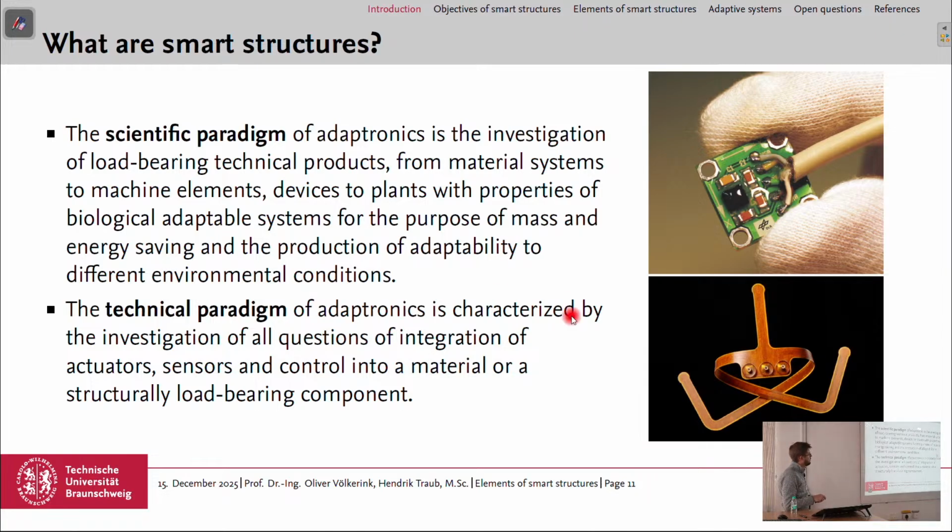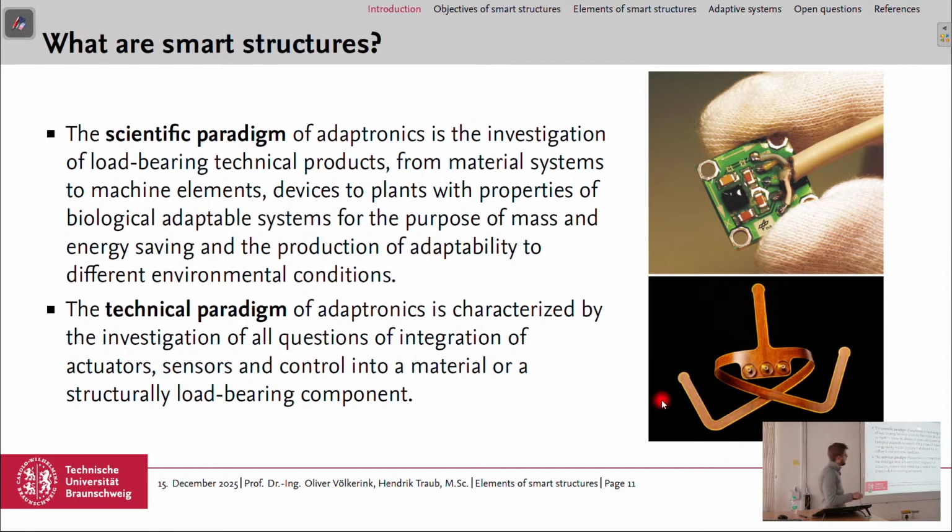So the important part is that we want to save mass or energy and we want to adapt to different environmental conditions. And the technical paradigm is more characterized by the investigation of all questions of the integration of actuators and sensors and also the control into the material or the structure itself.